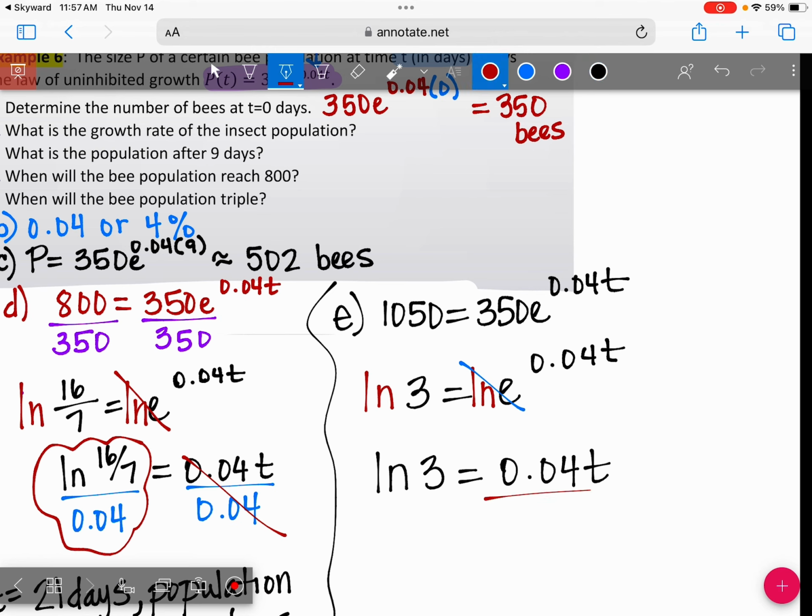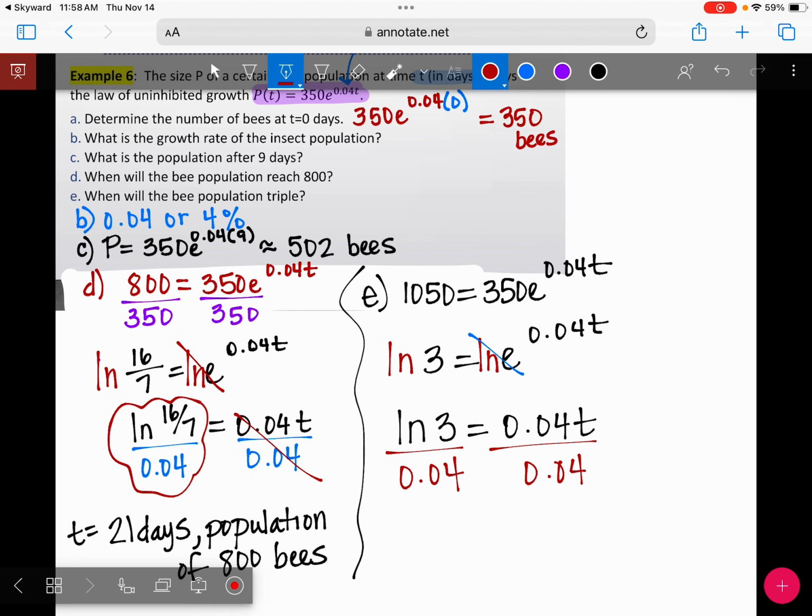Then we divide both sides by that rate, and we'll round it to the whole number again. You should get approximately 27 days. So at t equals 27 days, that's when the population will triple.